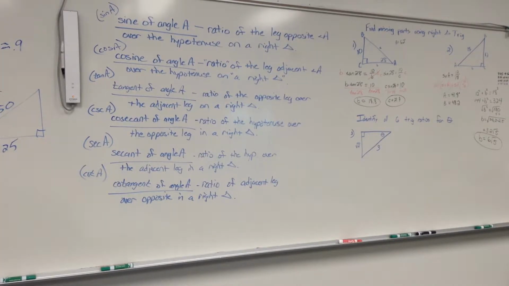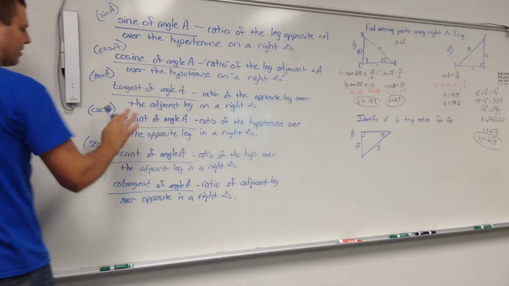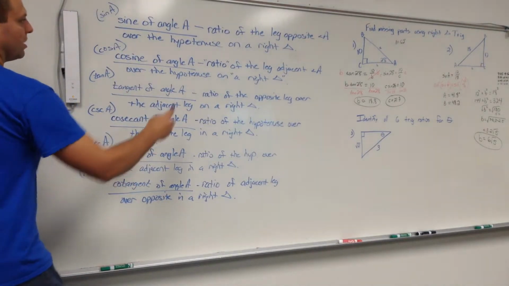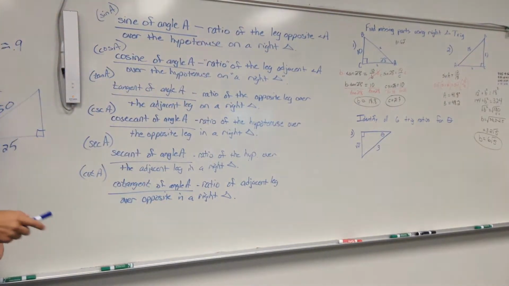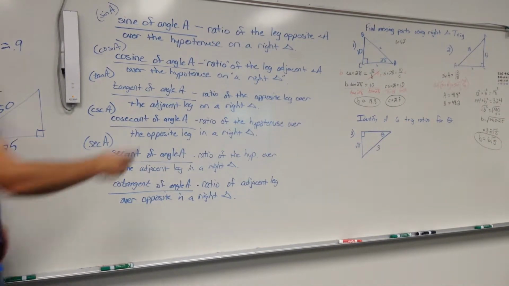I'm going to ask you to define what sine represents on a quiz. And you need to give a very thorough explanation. You can't just write SOH, all right? You can't just say sine is opposite over hypotenuse, okay? When you define sine, cosine, tangent, and these other ones here, you definitely need to use the word ratio. That's a very key word, ratio.